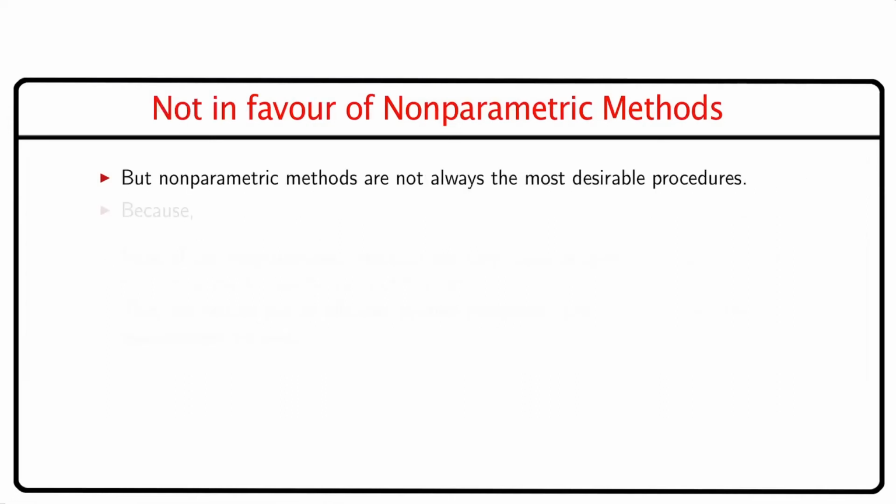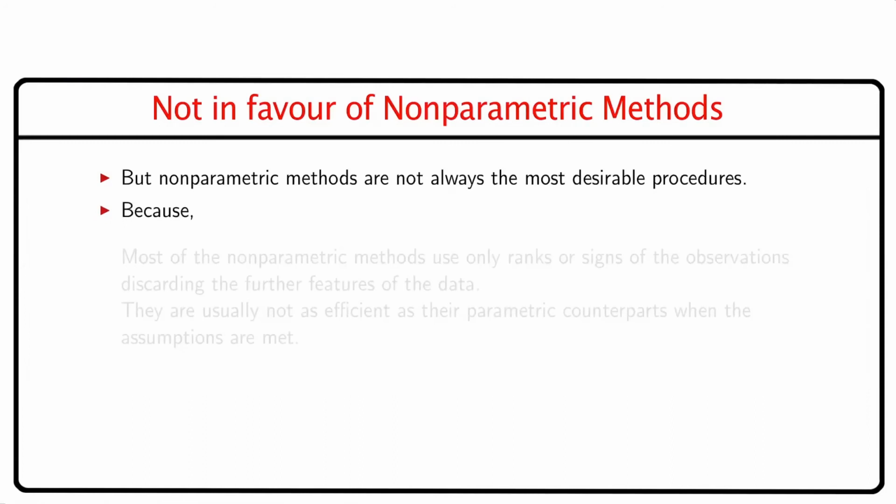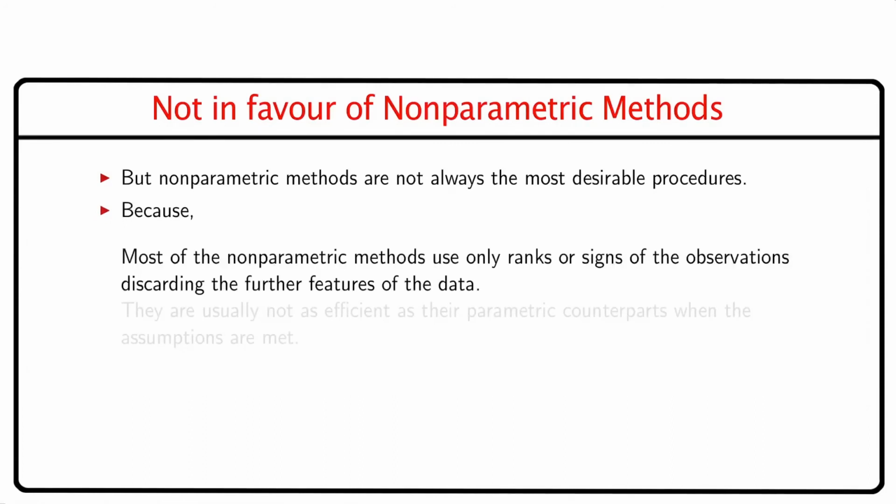But we can't use non-parametric methods blindly, and it is not always the most desirable procedure, because most non-parametric methods use only ranks or signs of the observations, discarding the further features of the data.